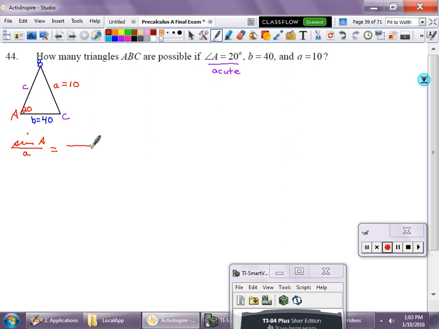We have a side for b, so we have to find B. So it's going to be b, but we need to find the angle for B, and I'm going to leave that in blue, sine of B. Okay, here we go. We substitute. Substituting from left to right, this is going to be sine of 20 over 10 equals sine of B over 40.